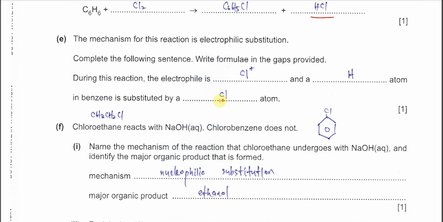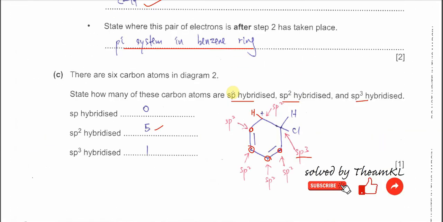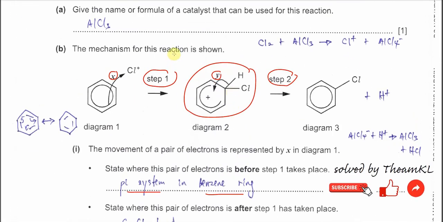Part E. The mechanism for the reaction is electrophilic substitution. Complete the following sentence. Write the formula in the gaps provided. During this reaction, the electrophile is the chlorine cation. Electrophile. So from this mechanism, you should know. This is the electrophile, and the benzene is the one that donates the pair of electrons.